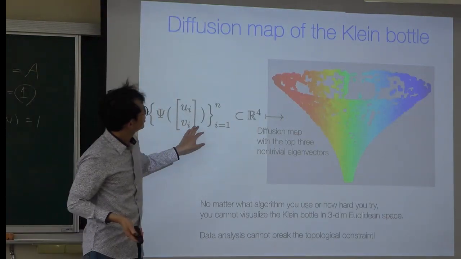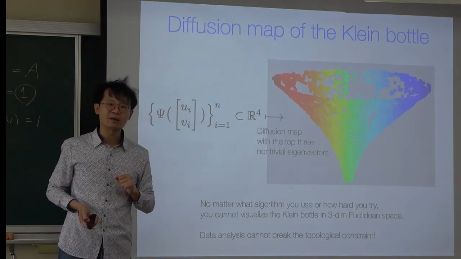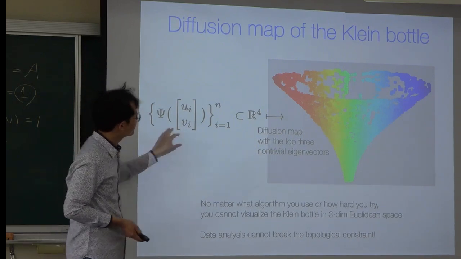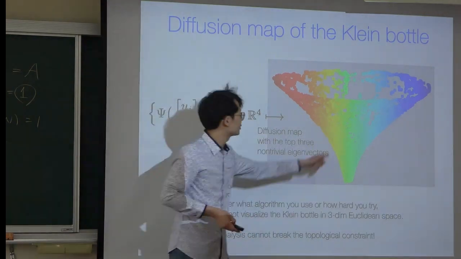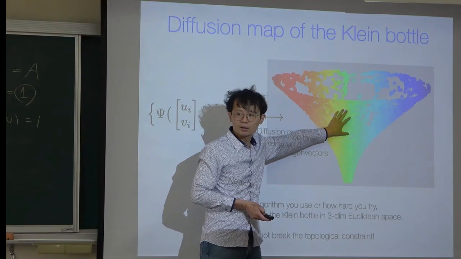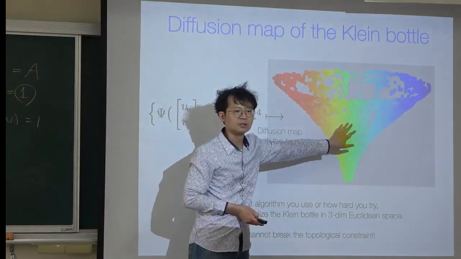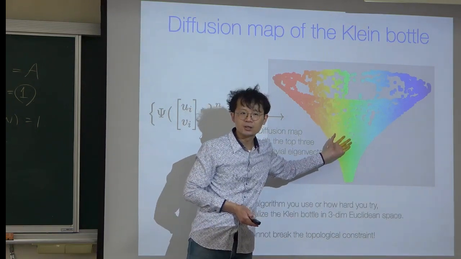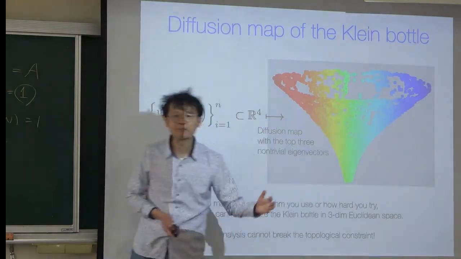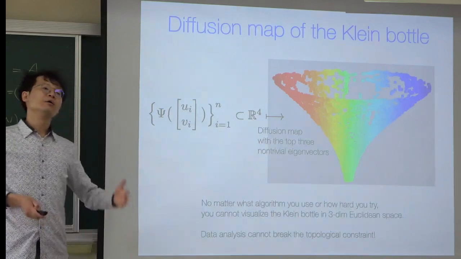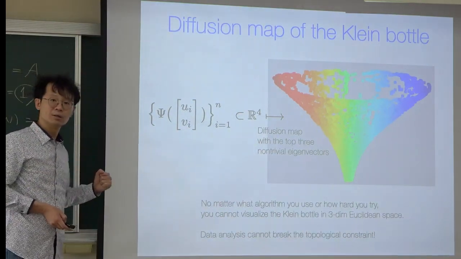And if you now run diffusion map on Klein bottle data, and you embed it in three-dimensional space, this is what you get. This is something far away from a Klein bottle. So what do you really see? You do not see a Klein bottle, and you may get a wrong impression or make a wrong conclusion.